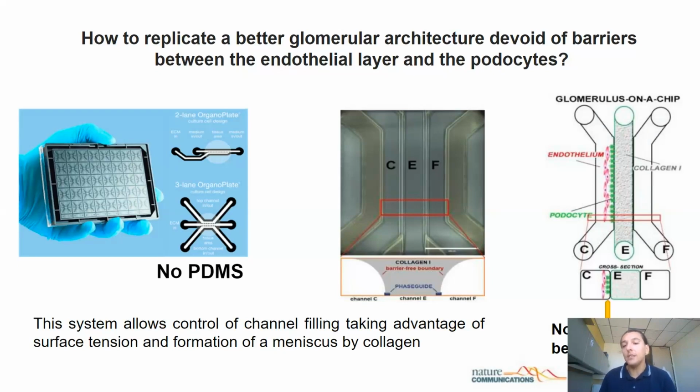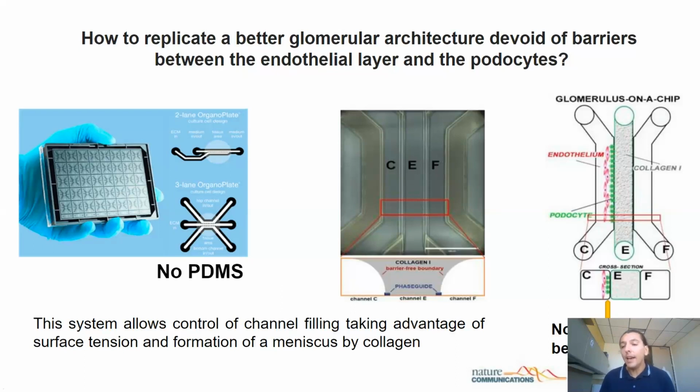In fact, there are different Glomerulus-On-A-Chip systems that have been developed by our colleagues, but most of them present the two cells that are seeded on the opposite side of a porous membrane. As I was mentioning before, podocytes and glomerular endothelial cells are closely in contact, and we were trying to mimic this specific feature.